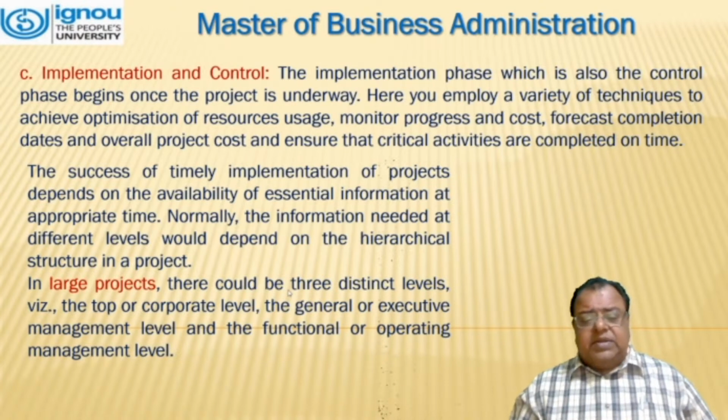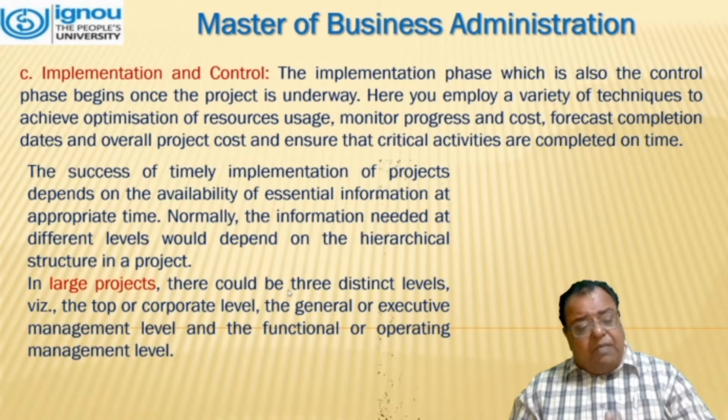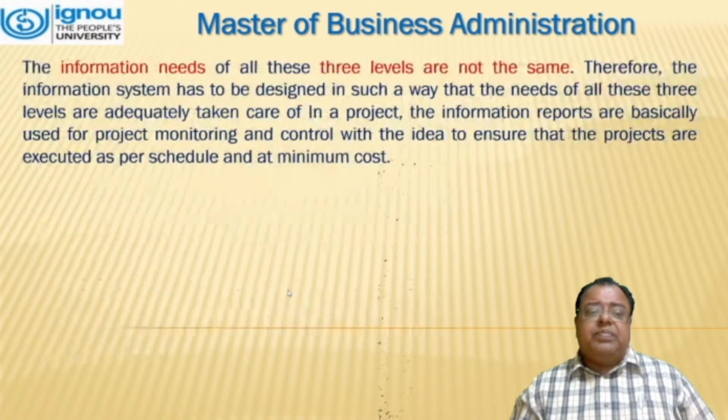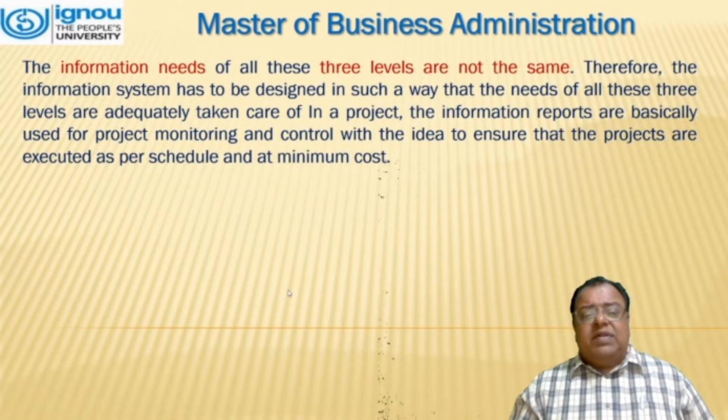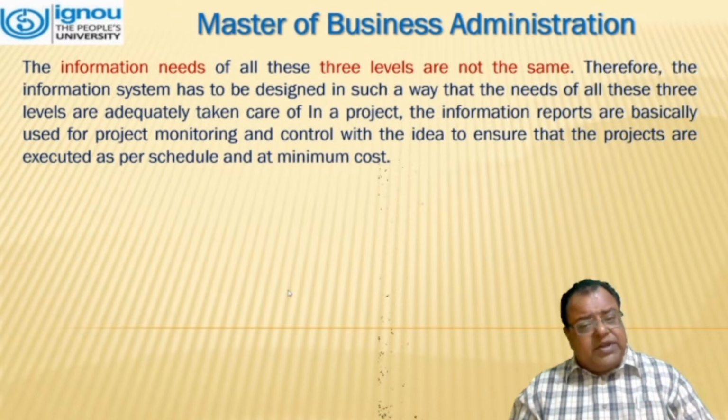In large projects, there could be three distinct levels, for example, the top or corporate level, the general or executive management level, and the functional or operating management level. The information needs of all these three levels are not the same. Therefore, the information has to be designed in such a way that the needs of all these three levels are adequately taken care of in a project.